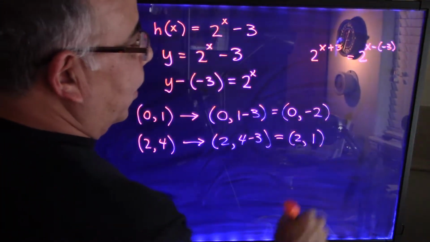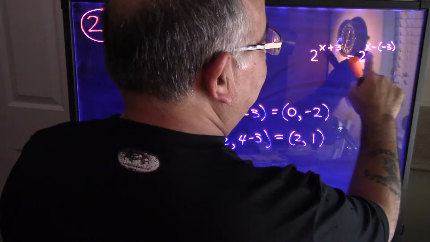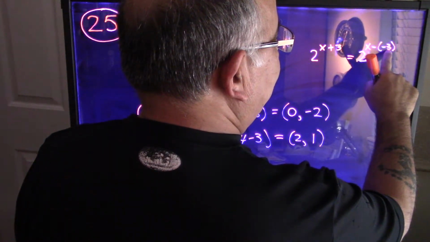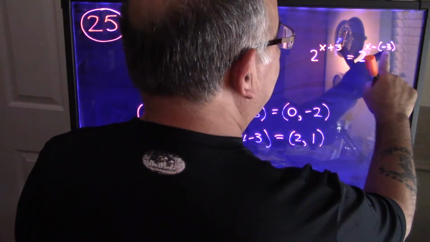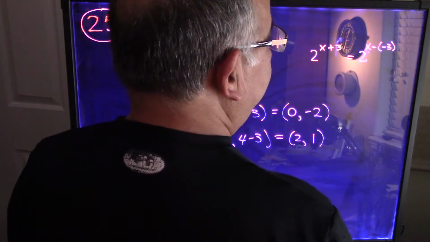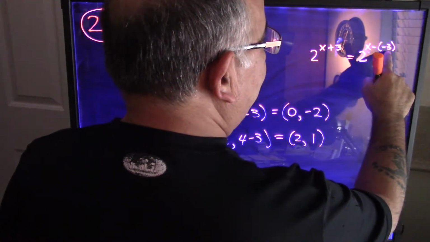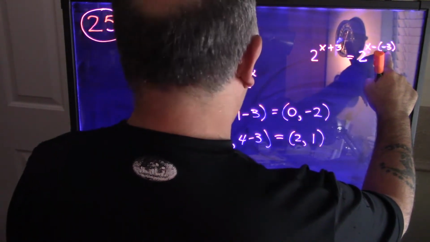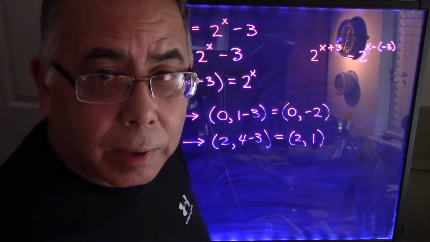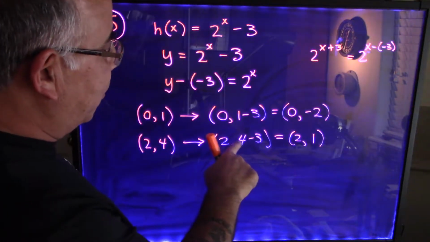Alright. Well, that would be a shift to the left, since think left or right, since it's next to the x variable. It would be a shift to the left because it's negative. If it were positive, if it were 2 to the x minus 3, it would be a shift to the right. But this is a shift to the left, so what you would do to get the transformation easily is just add -3 to all the x coordinates on the original graph, just like we did here with the y coordinates.